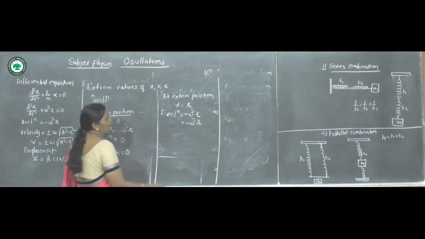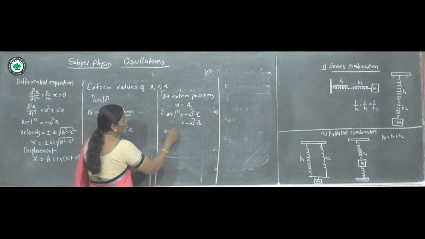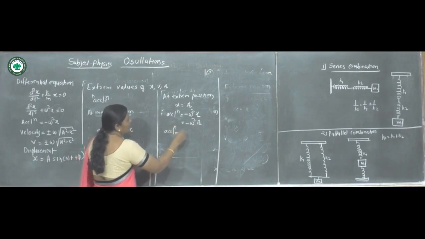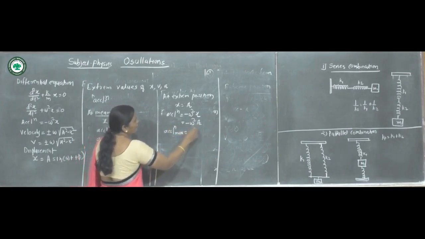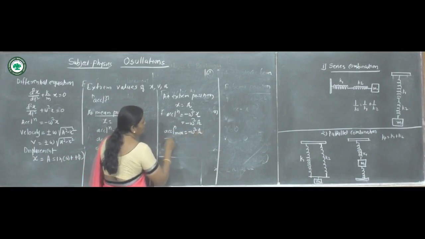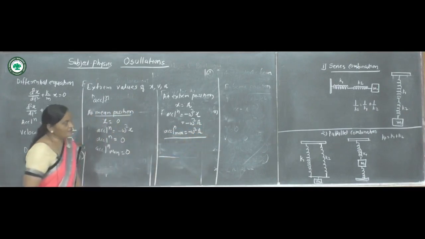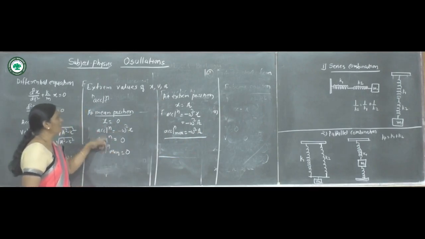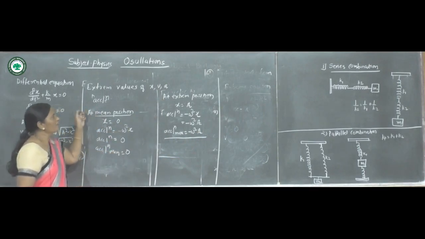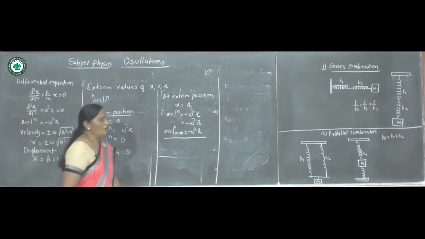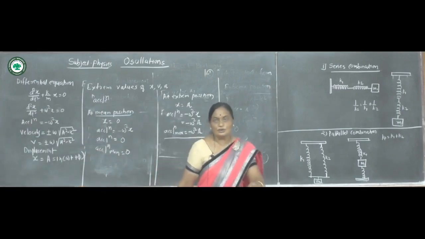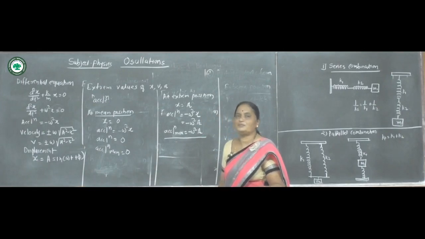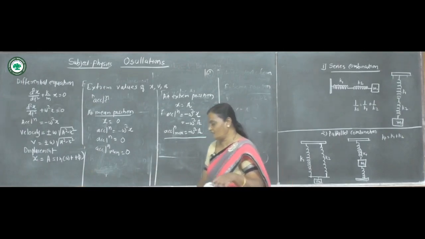That is, acceleration is maximum, and it is equal to omega square a. Acceleration is maximum at extreme position and minimum at mean position. These are the maximum and minimum values of displacement, velocity and acceleration.